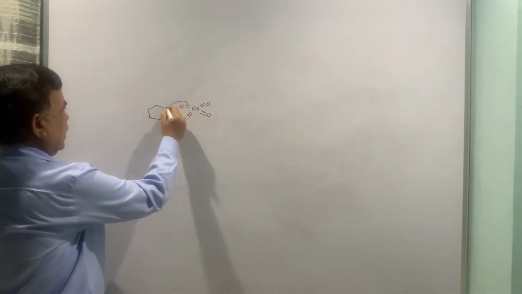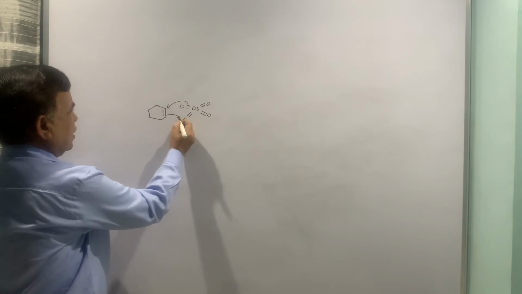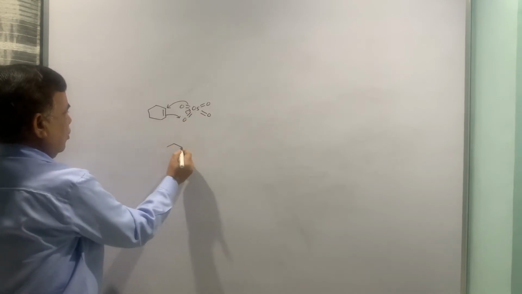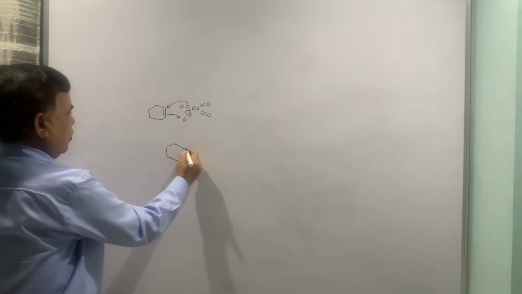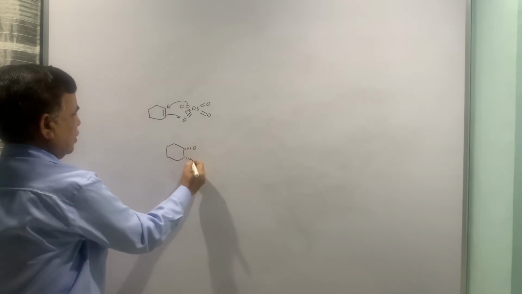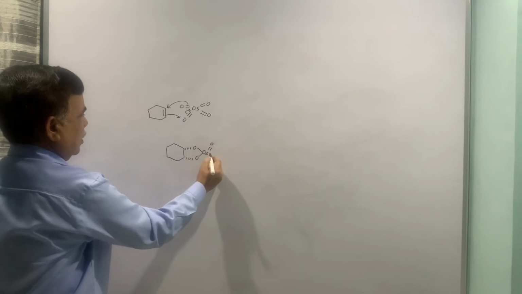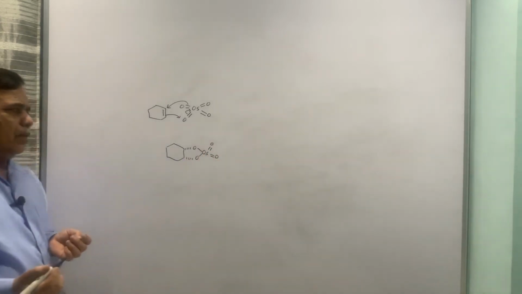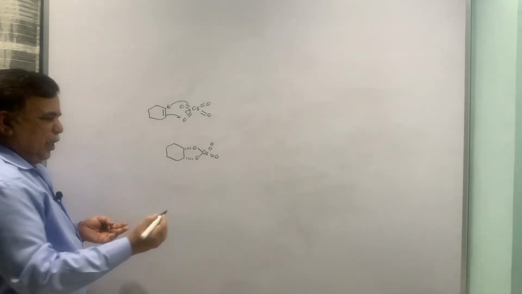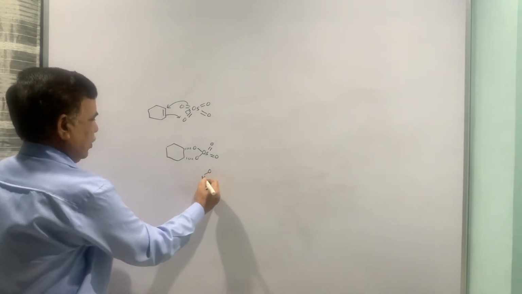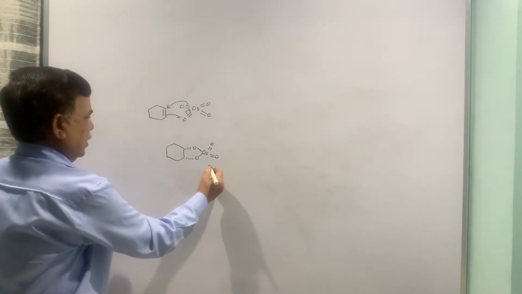So once again the mechanism is similar to KMnO4. This also forms a cyclic ester. Now this osmium ester is labile to water. So with water you can break it.